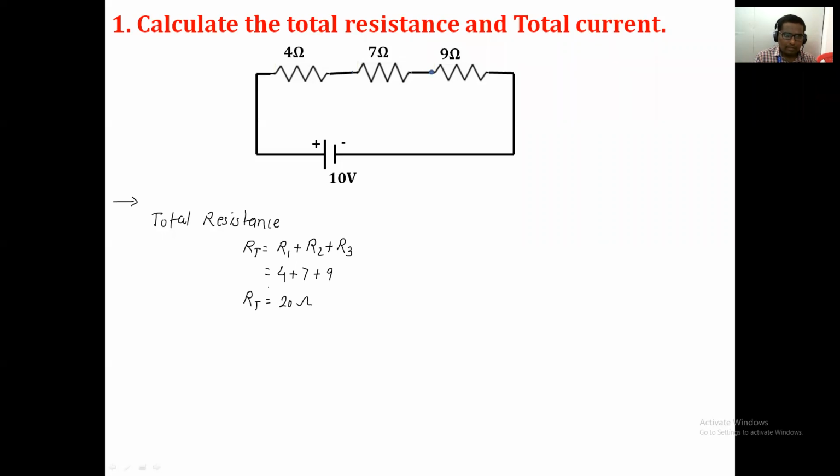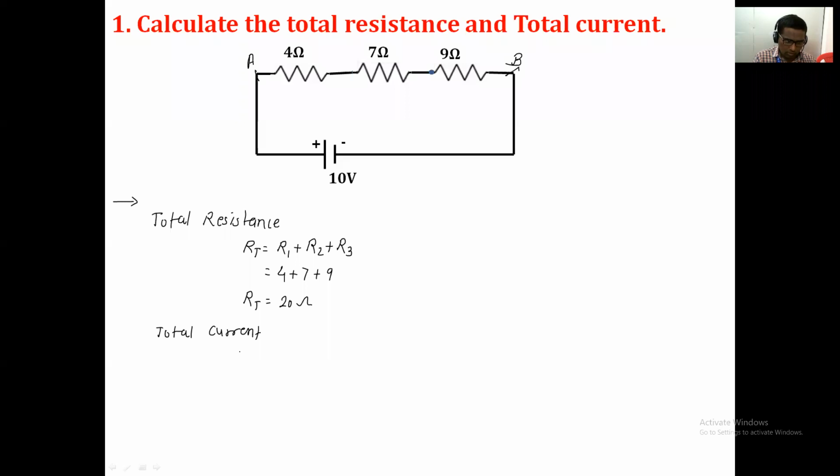Okay. And then we have to calculate the total current. Now this total resistance is between these 2 points, A and B, because between A and B, these 3 resistors are connected in series.